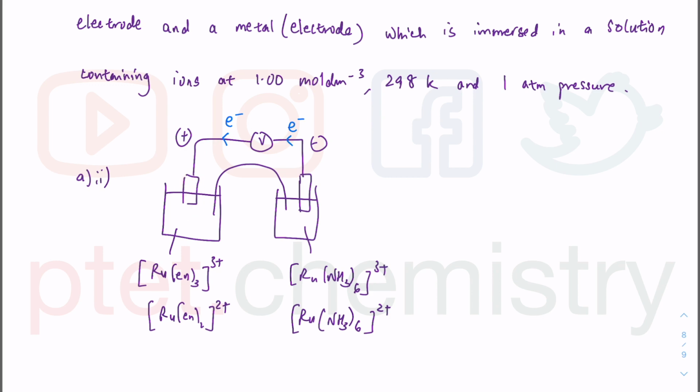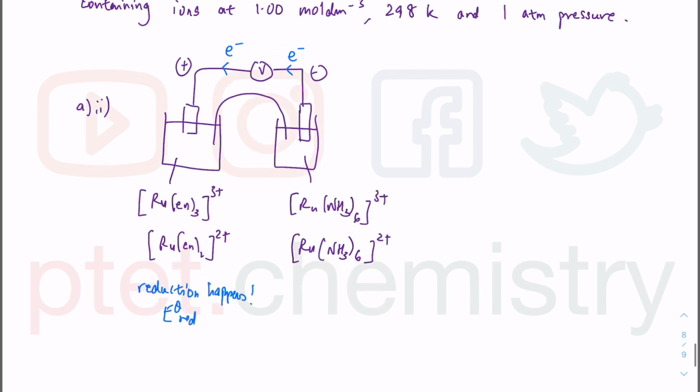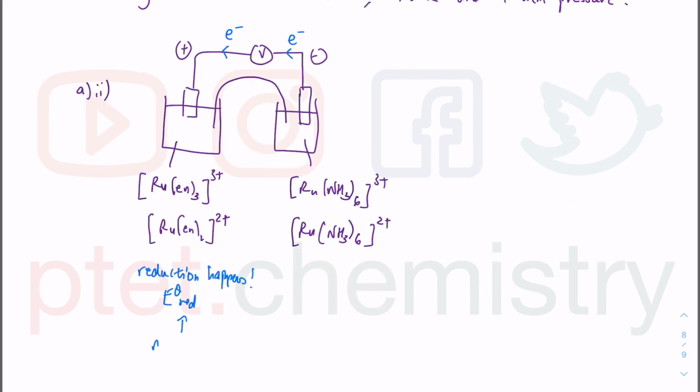So this is the electrode at which you gain electrons. So reduction happens here. If reduction happens there, this means this is the E red. So therefore we can say that this has a more positive E red compared to this, because the electrons like to come here, and this is where reduction happened.